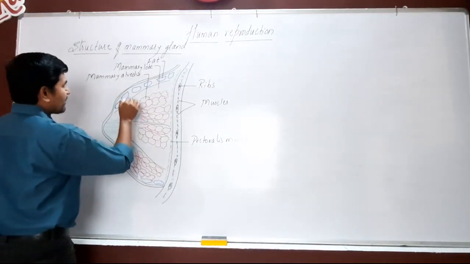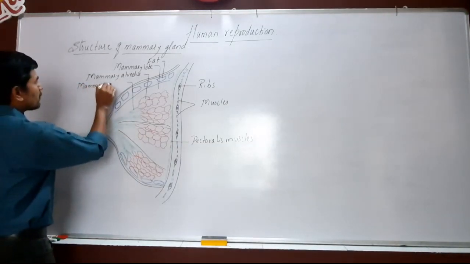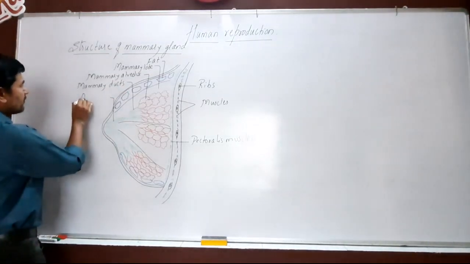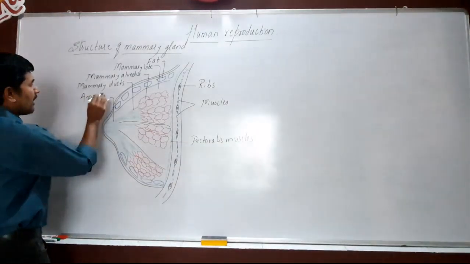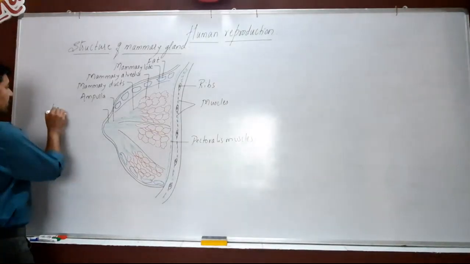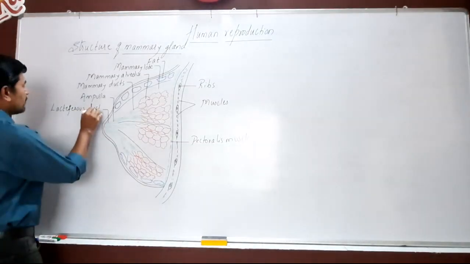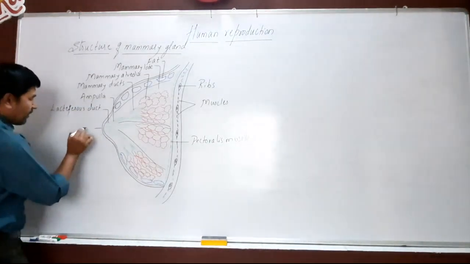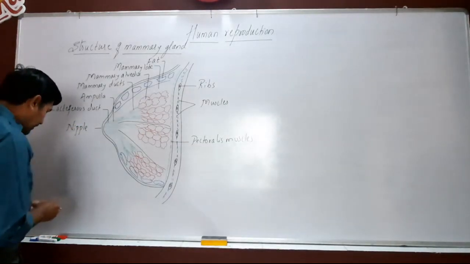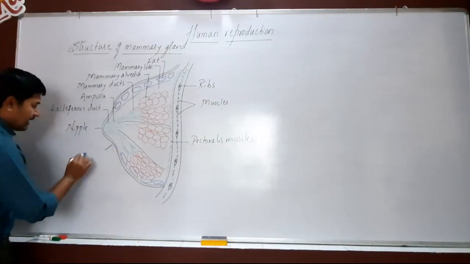Then here we have mammary ducts, and the ampulla, a larger part, then the lactiferous duct, and this part we call the nipple, and surrounding the nipple we have a dark pigmented skin. This is called the areola.